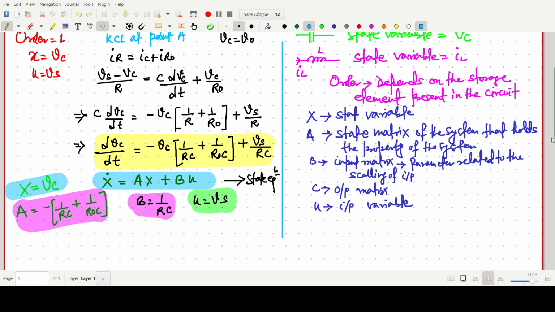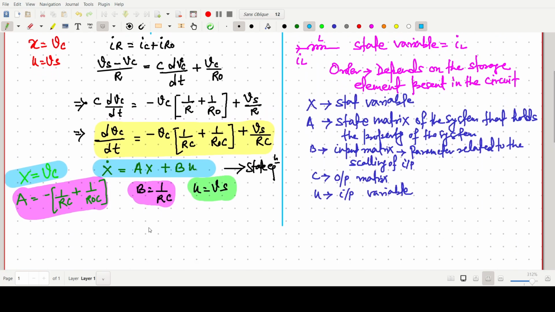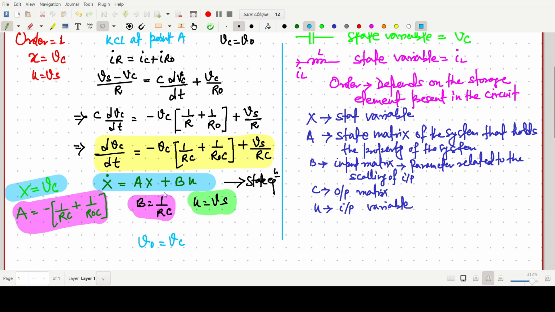Clear? So now if we have to write the output expression, V naught is nothing but simply Vc. So the output y, we have to write as a function of Cx plus Du.